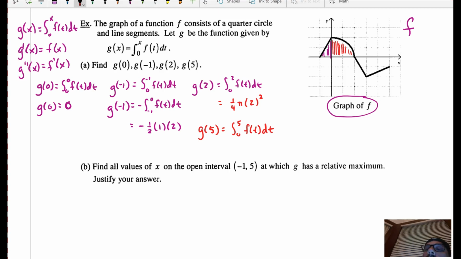So then that's going to be that quarter circle.